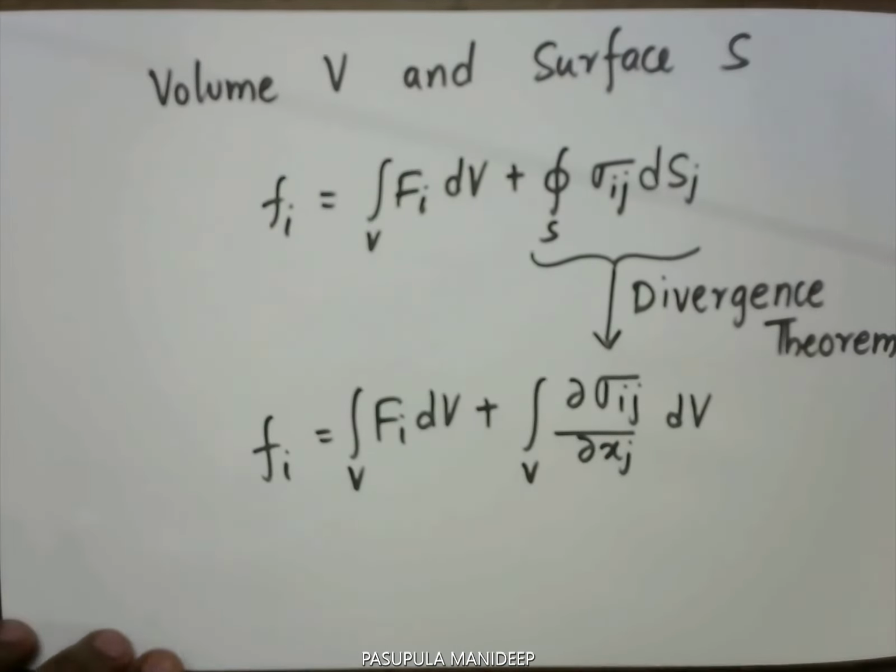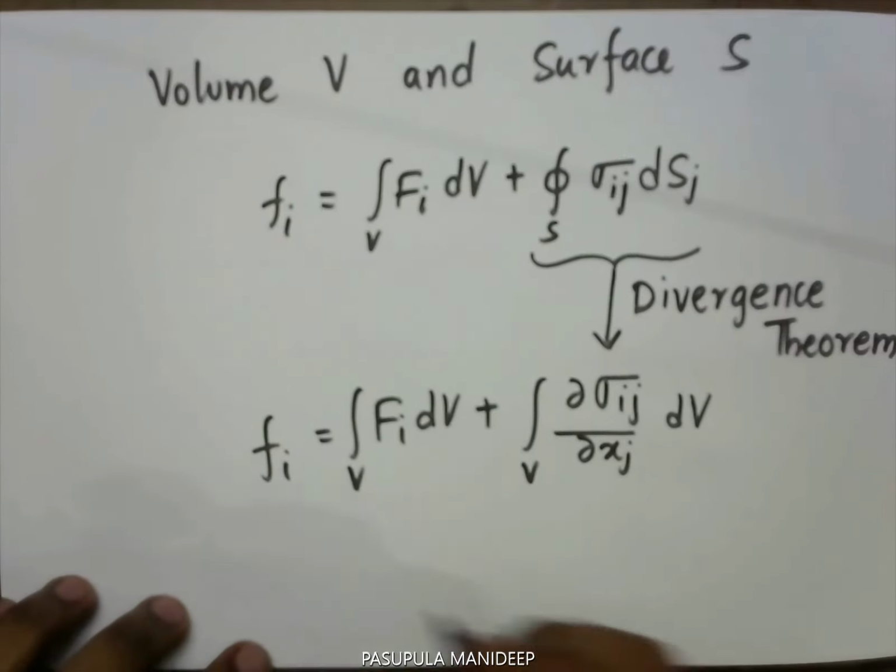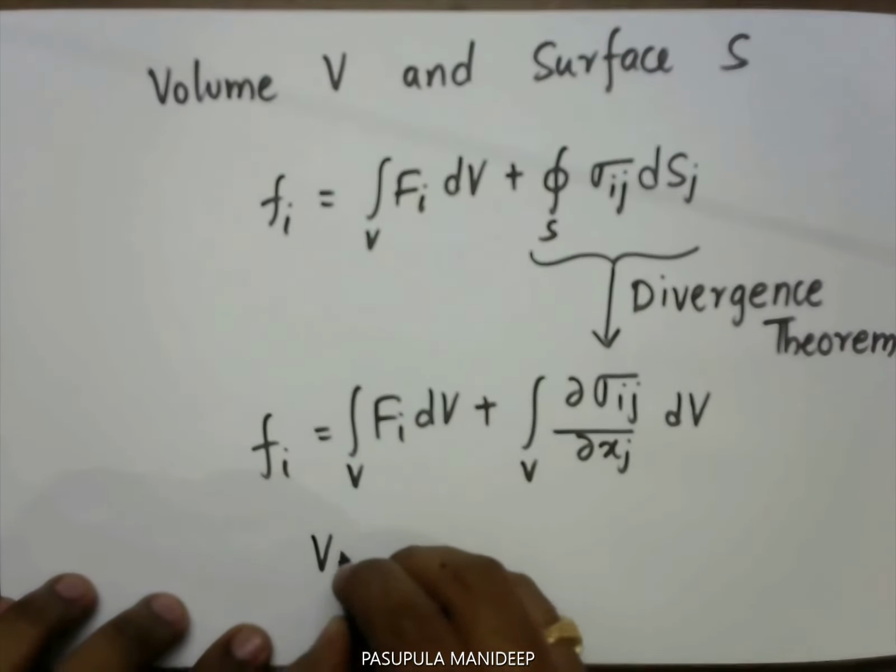Now let us consider the order of magnitude of this equation, how it will scale. Let us consider that the volume V of the elemental fluid element is tending to 0.